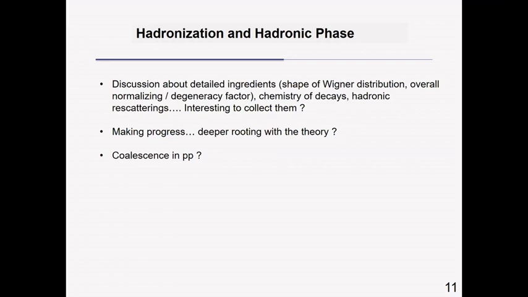But the problem is one has to separate two things. The one thing is what a specific model does for a given initial condition, at the point when we hadronize the system. This is done differently in different models, with different temperatures.